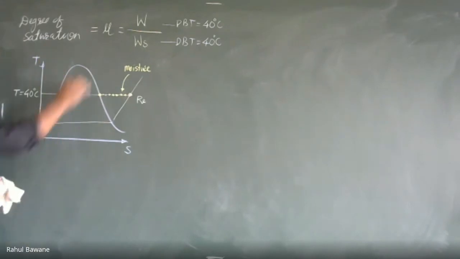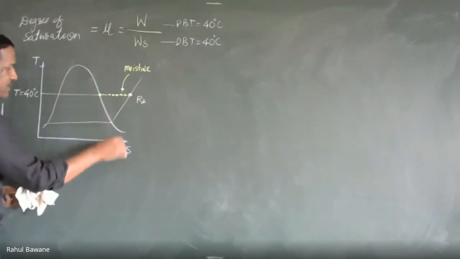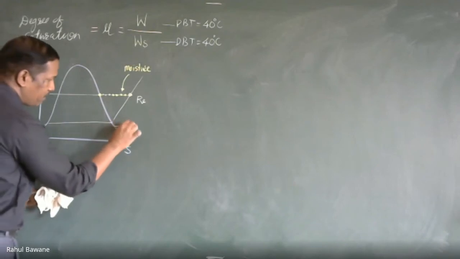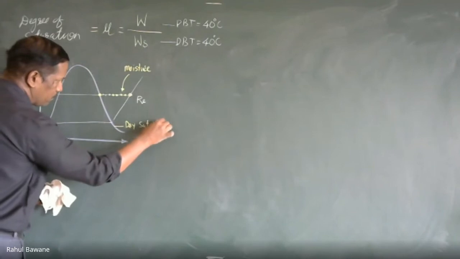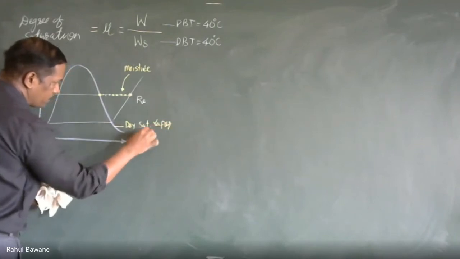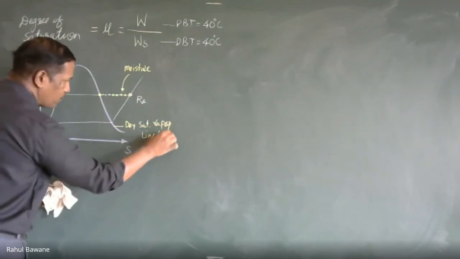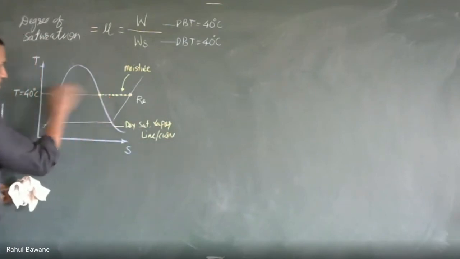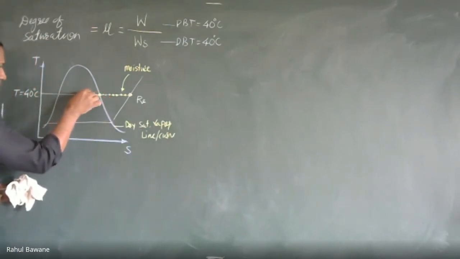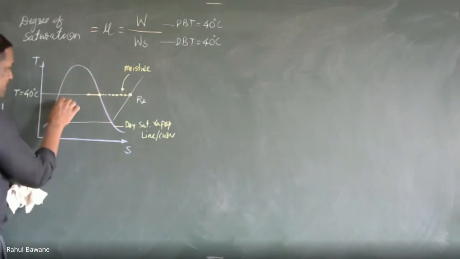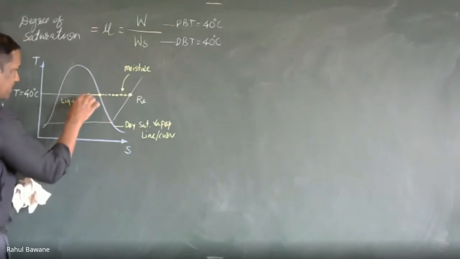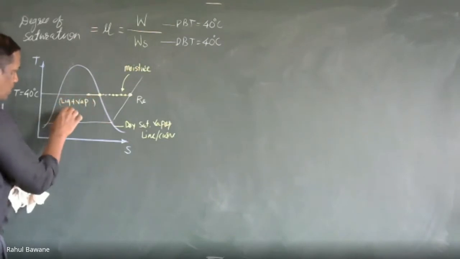And we know the meaning of this curve: this is the dry saturated vapor line or curve. That means after this, there will be a separation of liquid. So in this dome, there is a liquid plus vapor mixture. So it is called the wet zone.